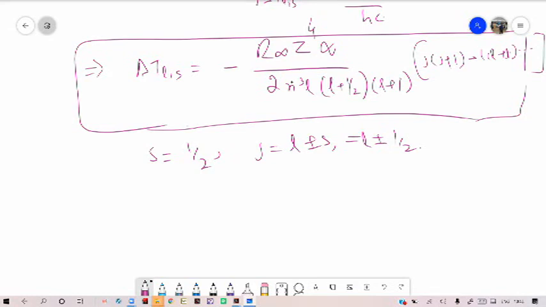If you make this substitution in the above equation, j into j plus 1 minus l into l plus 1 minus s into s plus 1, it will be equal to l simply.